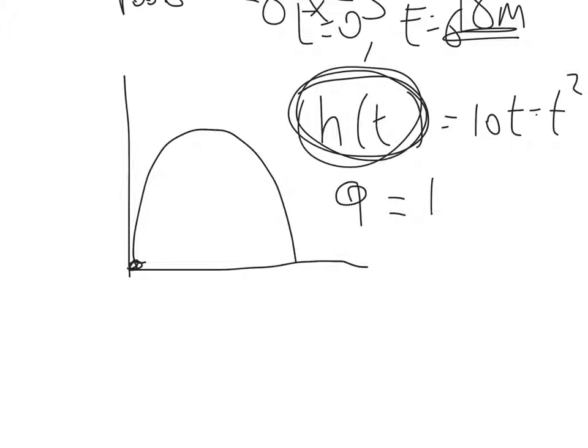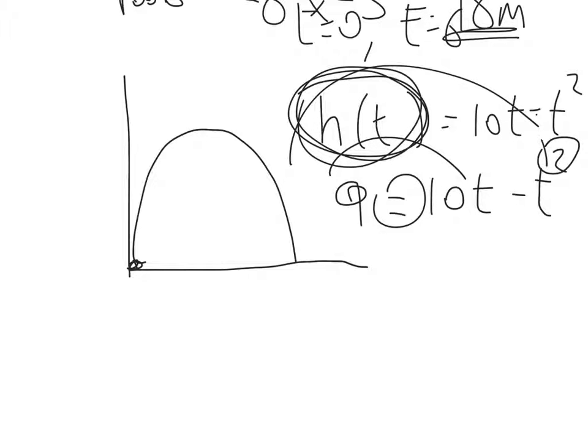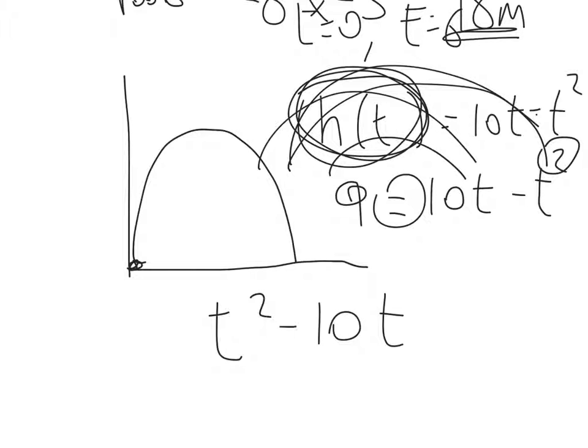So 9 equals 10t minus t squared. That's a quadratic equation. Bring everything across, make it equal to 0. So change the sign of that, and that will give me t squared minus 10t plus 9 is equal to 0. Two numbers that multiply give 9, add together give minus 10.